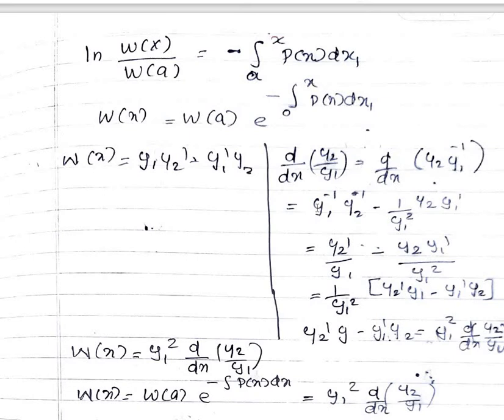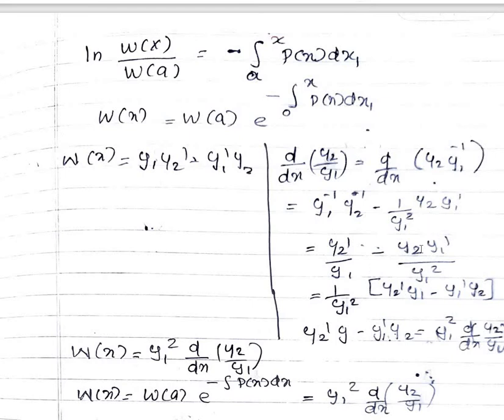So when we differentiate this, we will get y1^-1 taken as constant, times y2'; here there is no negative sign, it is y2'. When we differentiate y1 raised to minus 1, you will get minus 1 divided by y1 squared. y2 remains as such, and after differentiation you will get y1'. So it is nothing but y1 y2' - y1' y2 divided by y1 squared, and it is nothing but W divided by y1 squared.